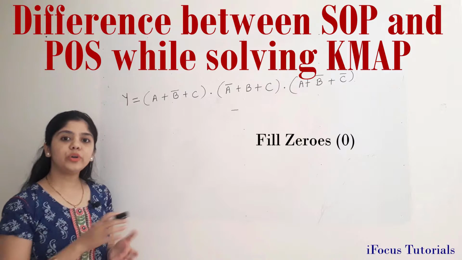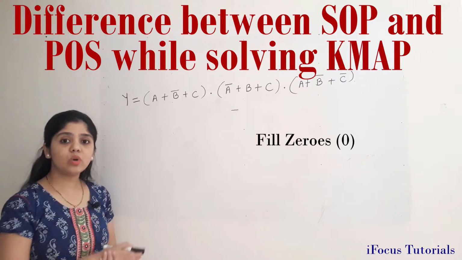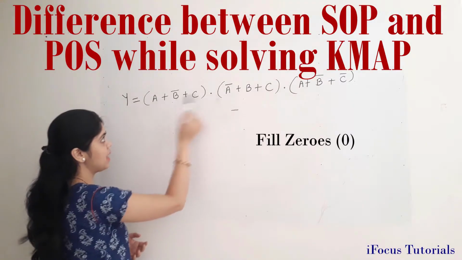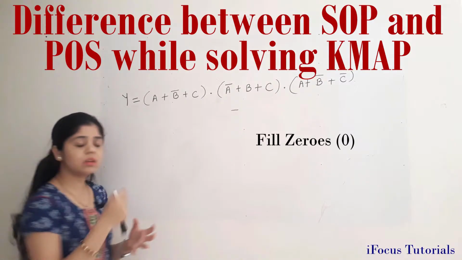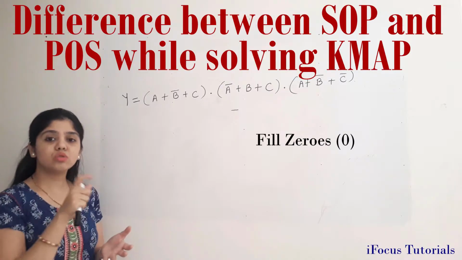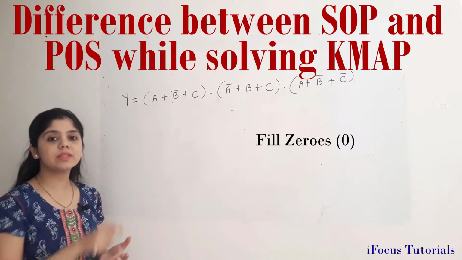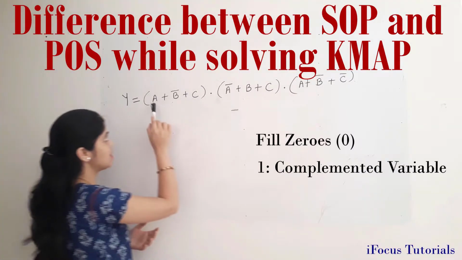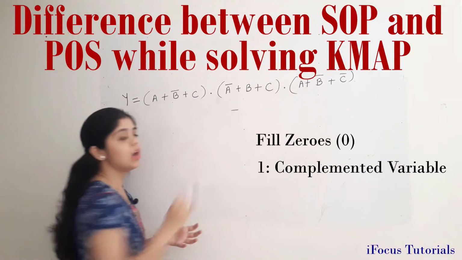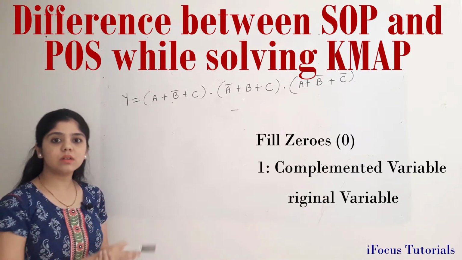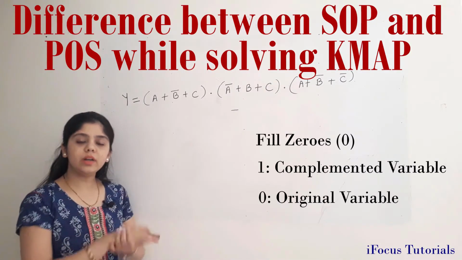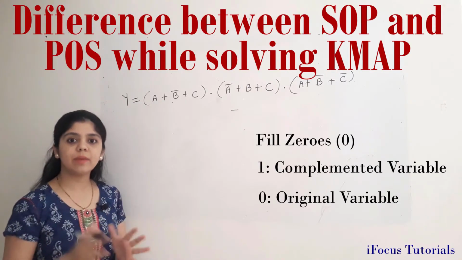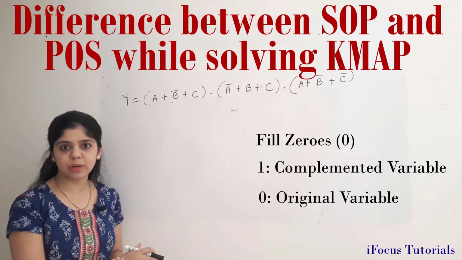Another important point to note is that in a POS expression, a complemented variable, for example b bar or a bar, is given as a 1, whereas the original variable, for example a, c or b, is represented as a 0. These are the two main differences in case of POS. All the rest of the rules remain the same as we were using for SOP expression.